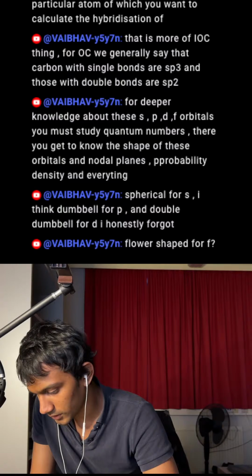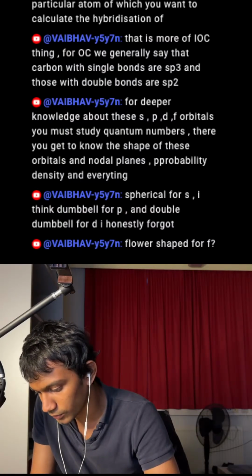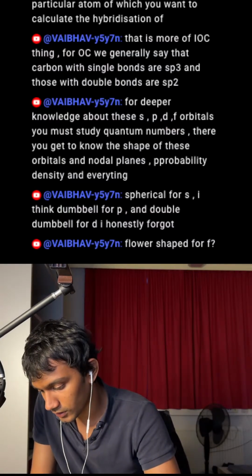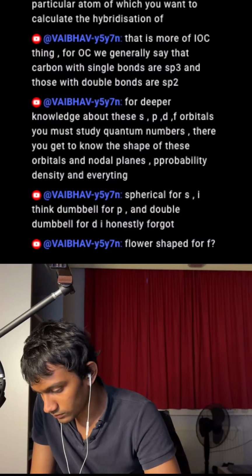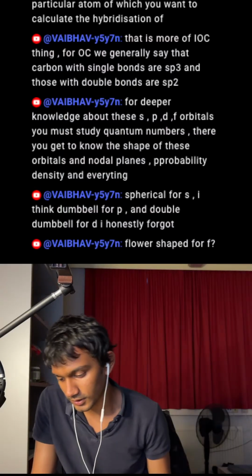Oh, Zeeman effect, yeah, that's where you get to find out the nodes. Notice where it's absolutely sure that you won't find even a trace of the electron. Yeah, F orbital looks more like a flower, kinda.